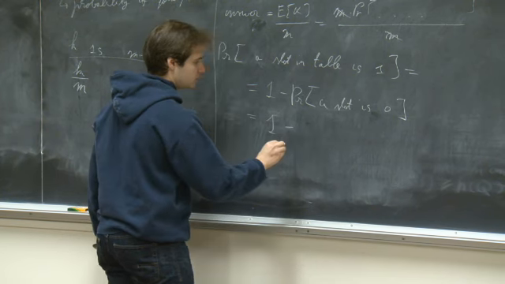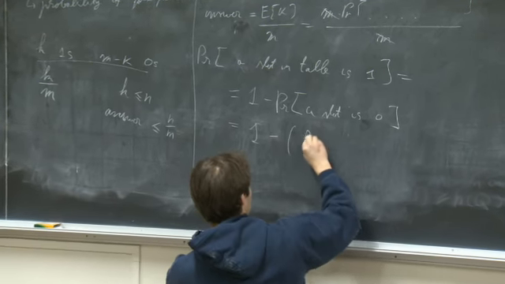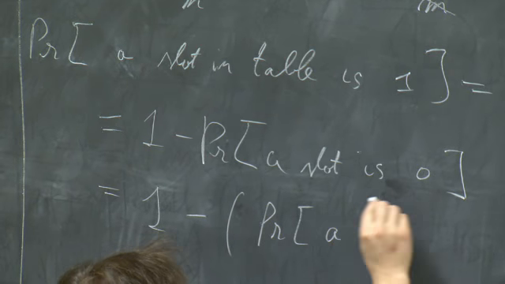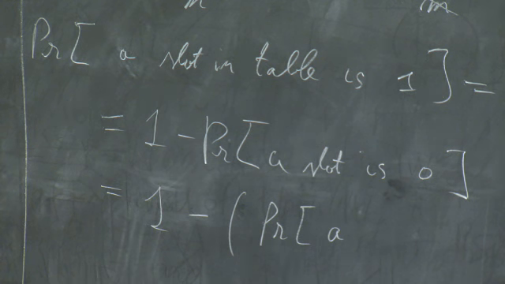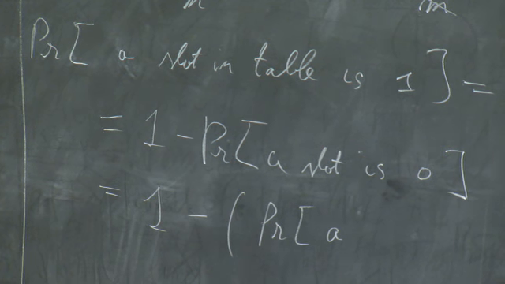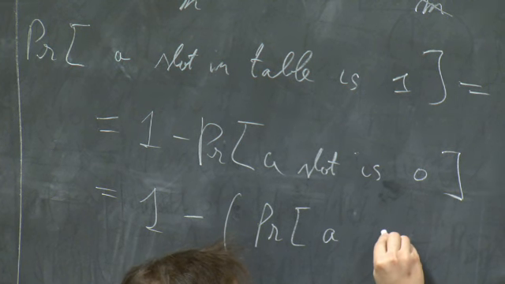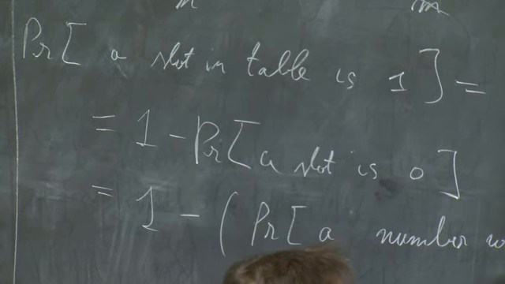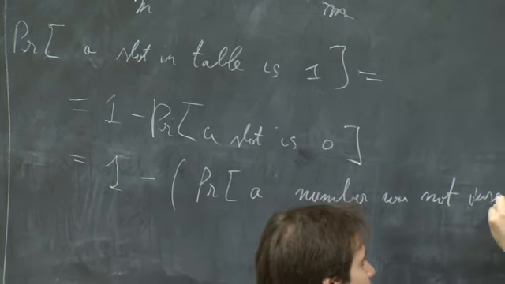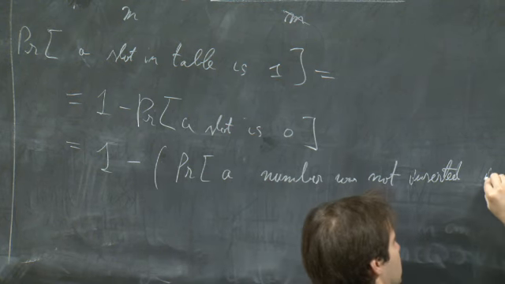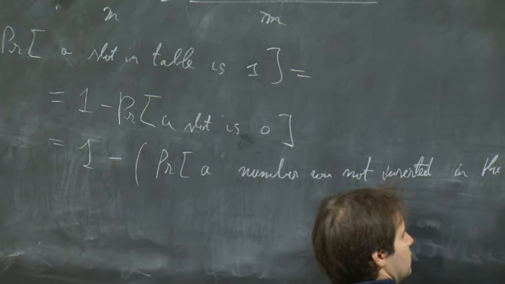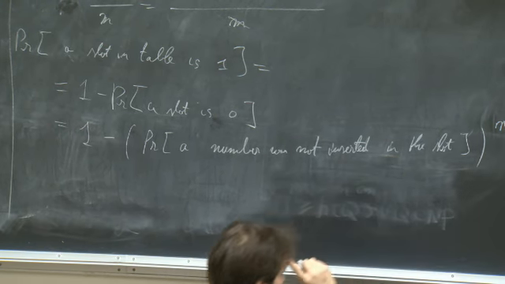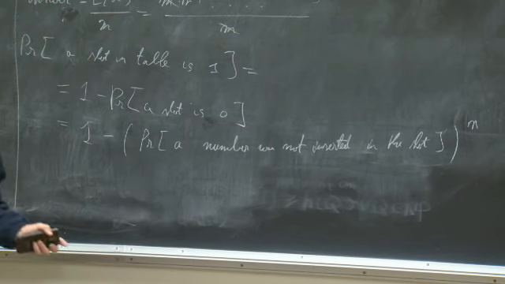So this is 1 minus the probability that a slot is 0. A slot is 0 means that no number was inserted in it. We're inserting n numbers. So it's the probability that a single number was not inserted in the slot, raised to the power of n. We have n independent experiments, right?